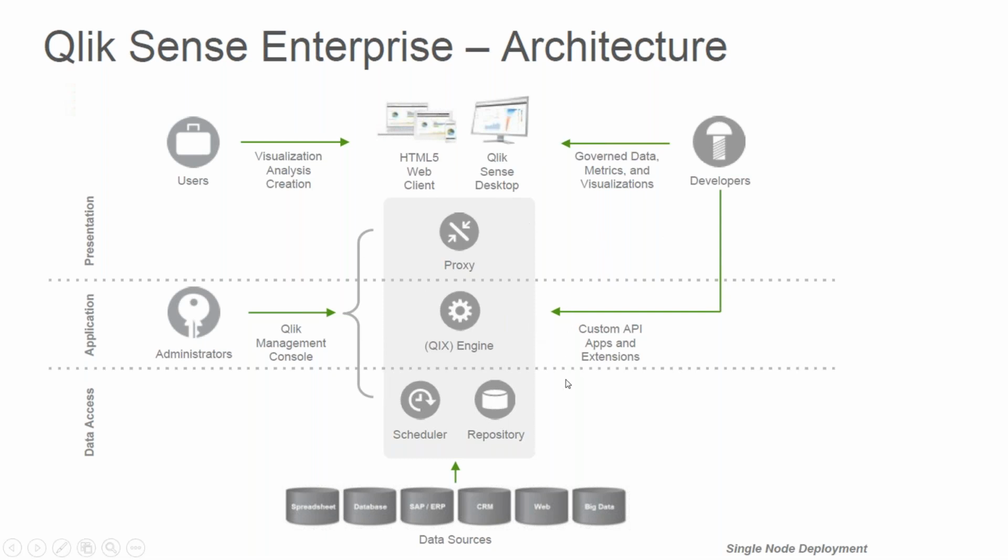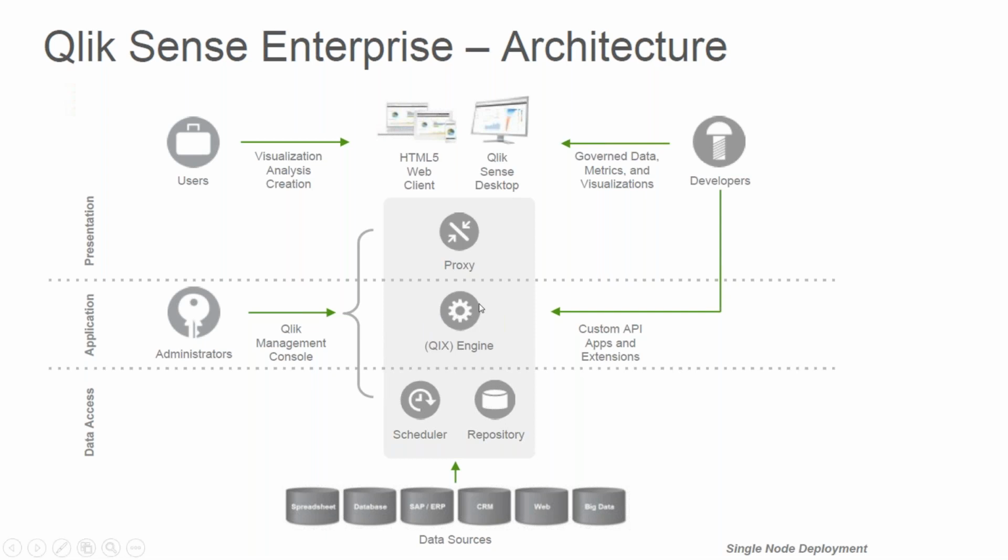While doing all of these operations, these are the services which run at the back end. We have scheduler services to refresh our data at regular intervals. We have repository services, which help you store your metadata and security information. And your engine, this is the core Qlik engine, which helps you create your logic, your associative principles, and all your calculations.